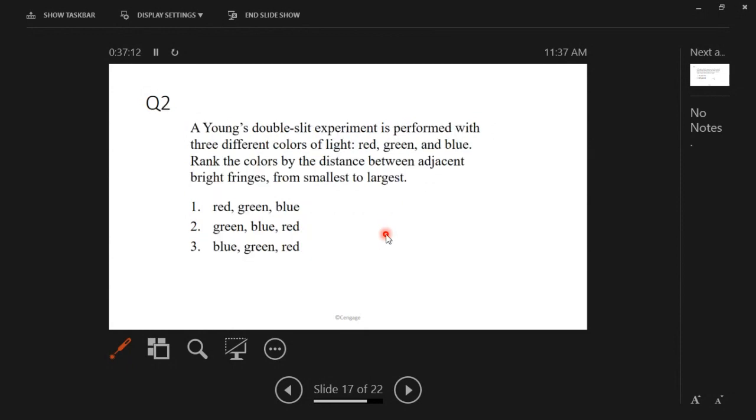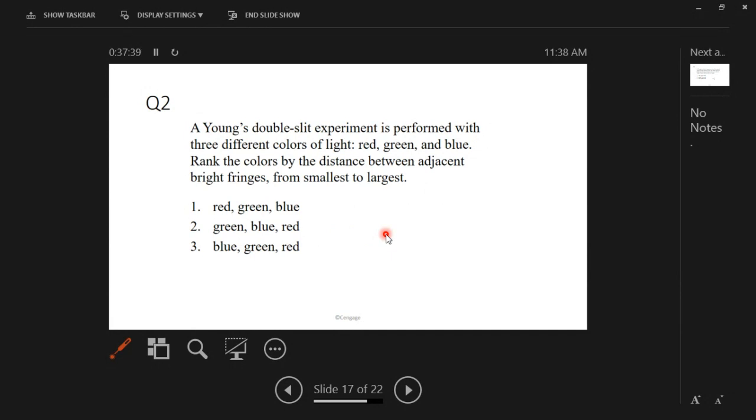Let's look at the second question. A Young's double slit experiment is performed with three different colors of light: red, green, and blue. Rank these colors by distance between adjacent bright fringes from smallest to greatest. We had a formula for the distance between the adjacent fringes. Now you have to rank these.